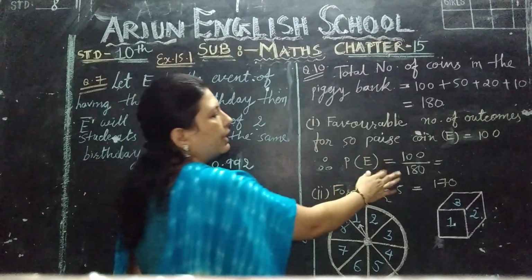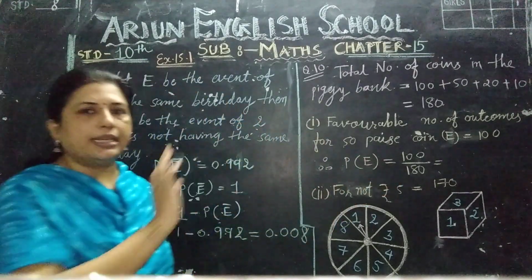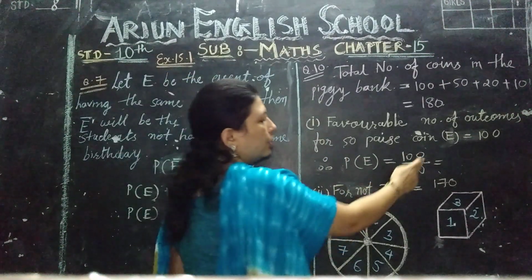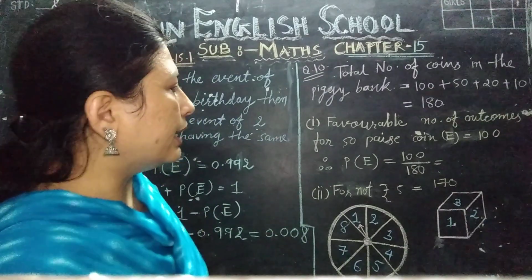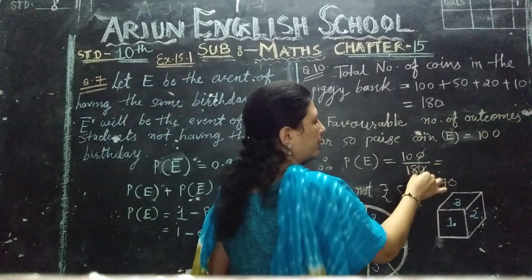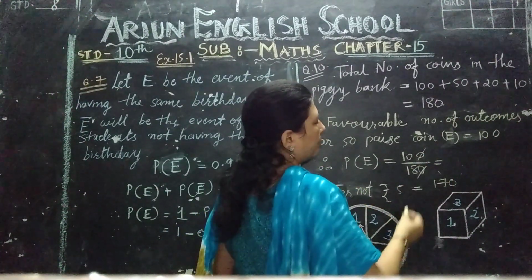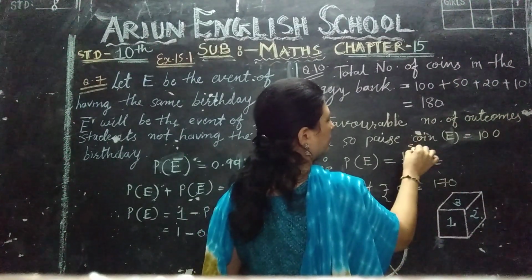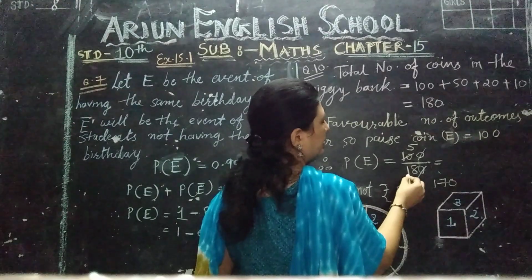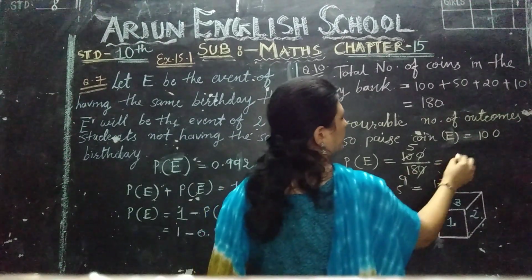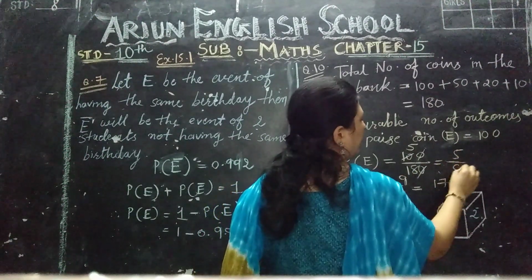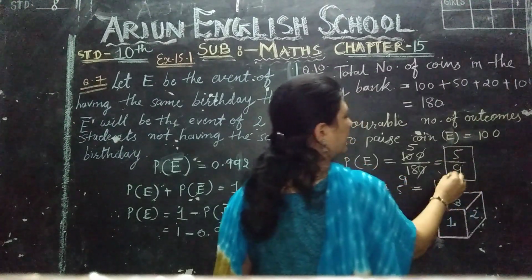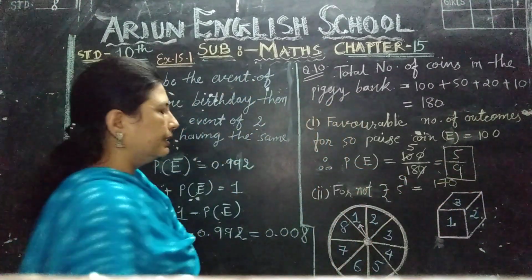So 100 divided by total outcomes 180 is its probability. Here you can cancel the zeros, 5 twos are 10 and 9 twos are 18. So 5 by 9 is its probability.